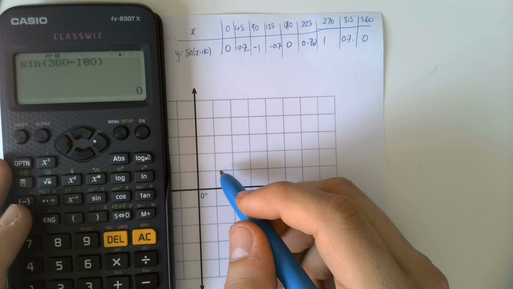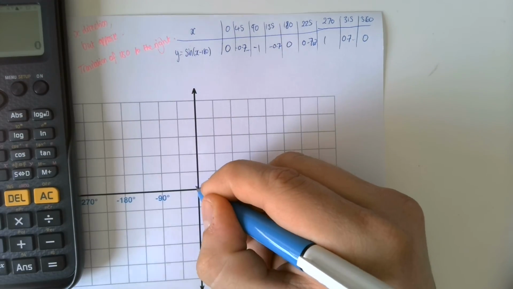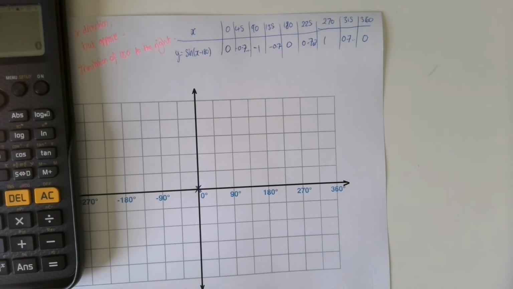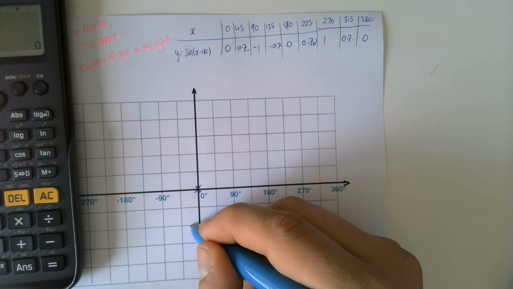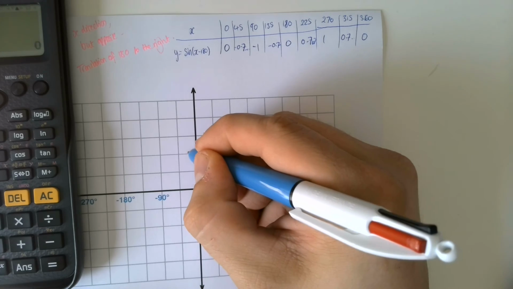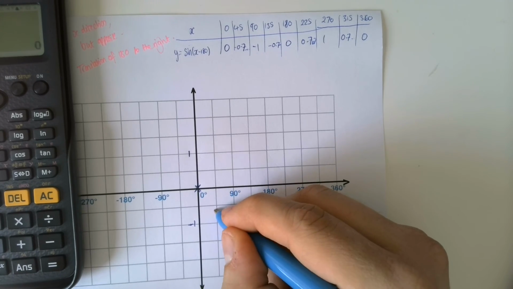So I'm just going to mark these onto my grid. So 0, 0, minus 0.7. Again, I need to have my minus 1 and plus 1. So that's going to be about there.